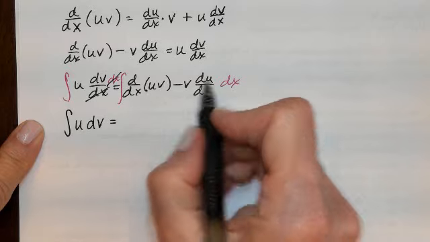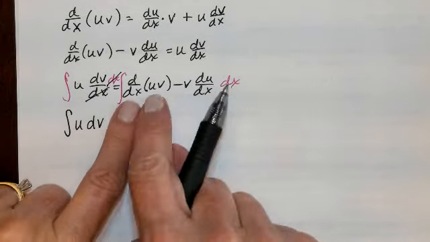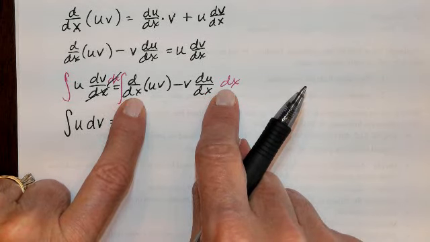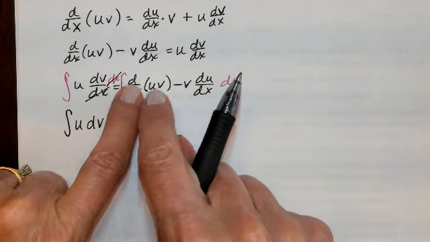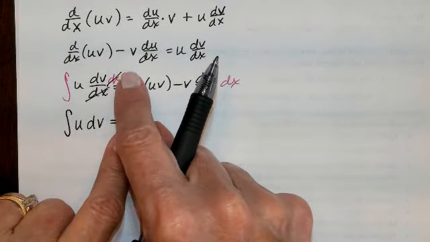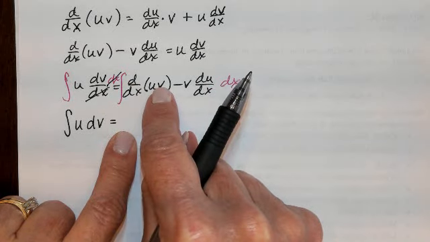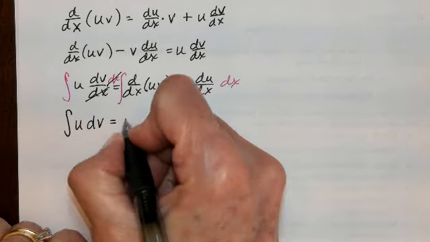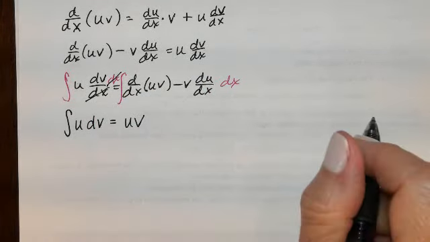On this side, what do we have? For this piece, the dx's go away. We just have the derivative of uv, and we're taking the antiderivative of the derivative of uv, and those cancel each other out, don't they? That's just uv plus c, which we always get when we have an antiderivative.